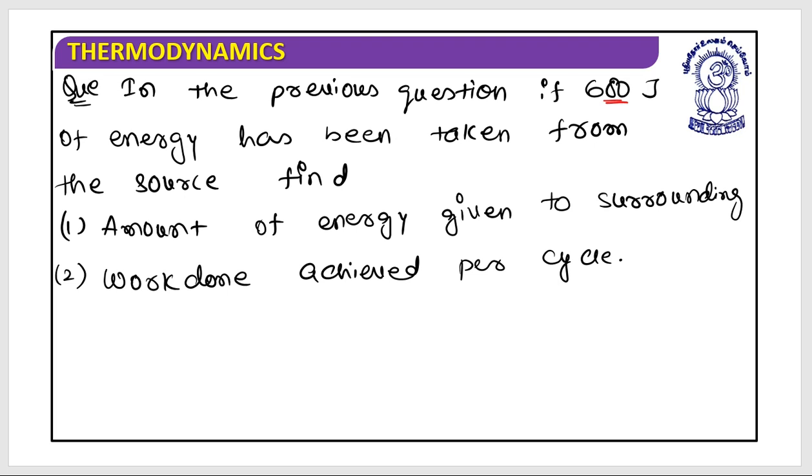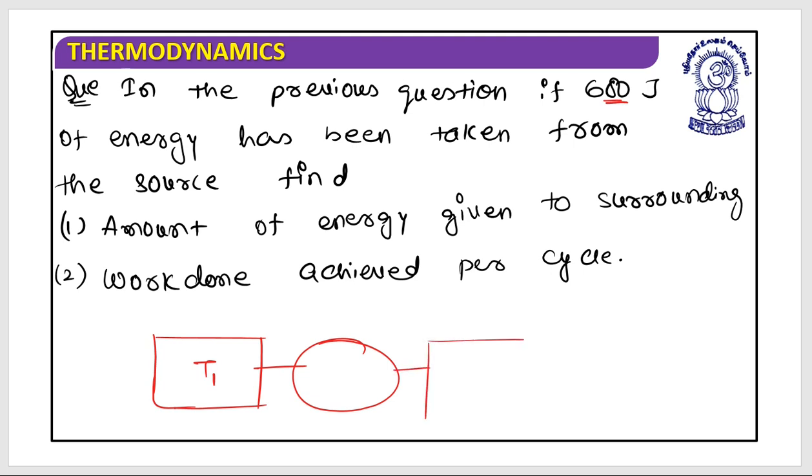When this kind of question arises, I must remember the complete situation. This is the source temperature T1. This is the working substance, and this is T2, and from where I am going to have this work done. When I say this is T1, what I understand is I should receive a certain amount of energy Q1 from the source.